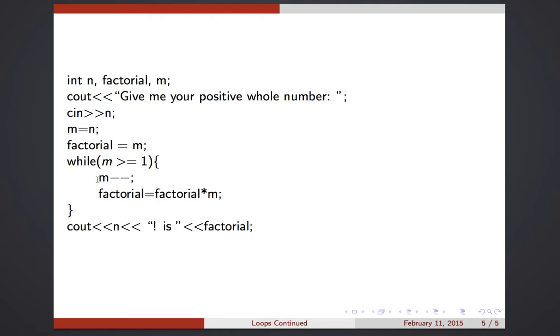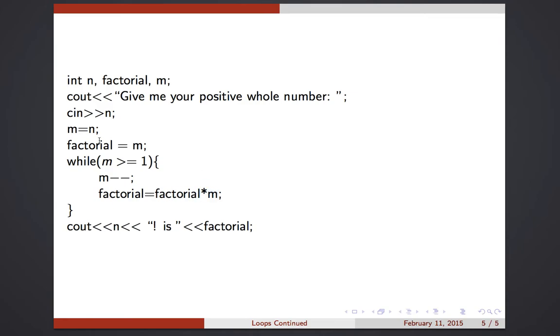And what I'm going to do is knock the value of m down by 1. I don't remember if we've seen this or not, but minus minus means take 1 away, just like plus plus means add 1. So I'm going to take 1 away from m, and then I'm going to save a new value for factorial, and it's the old value of factorial times m.